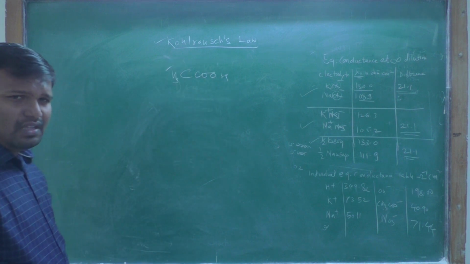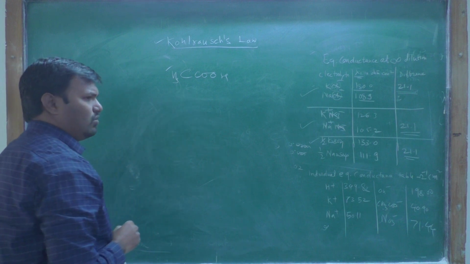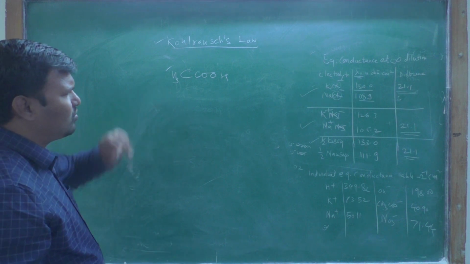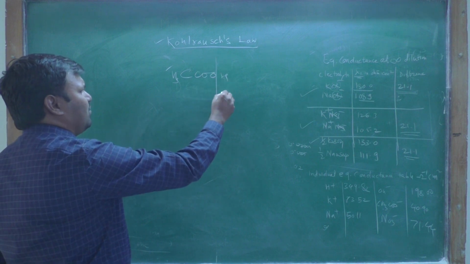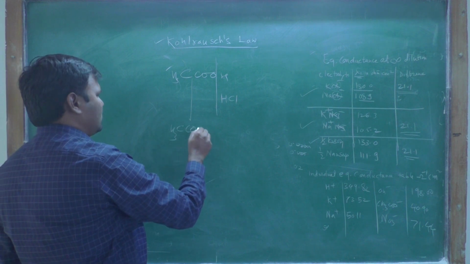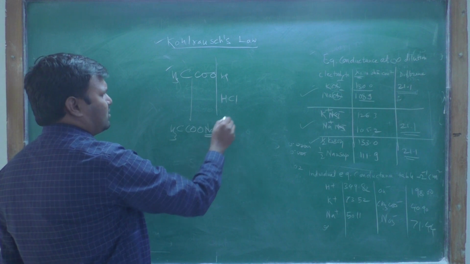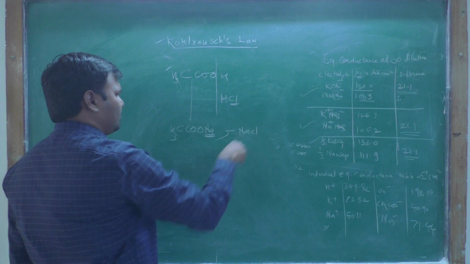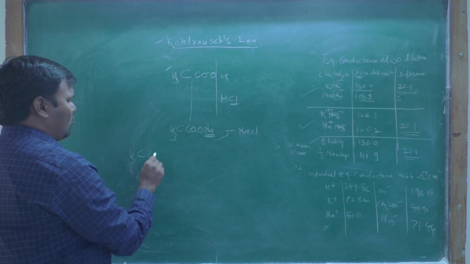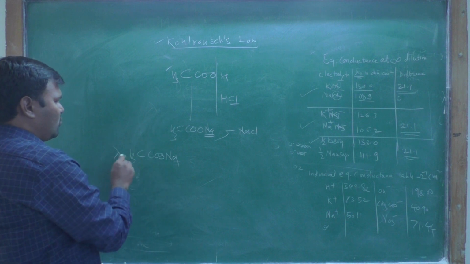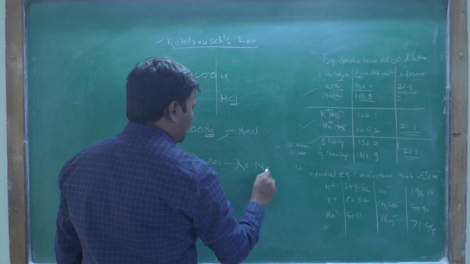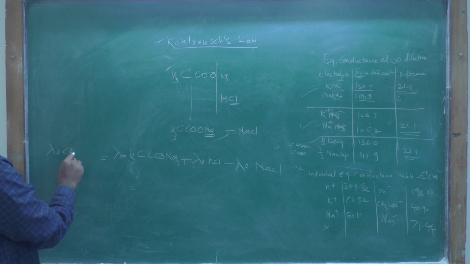For this we use a strong acid, HCl, and a strong salt, NaCl, along with CH3COONa. So lambda 0 for CH3COONa plus lambda 0 for HCl minus lambda 0 for NaCl gives lambda 0 for CH3COOH.